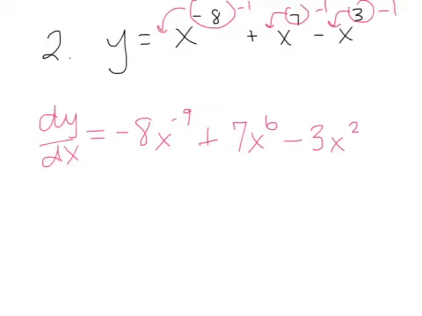And there again, it didn't say they want the slope at a certain point. They just wanted the general equation for the slope or the derivative. So there again, this is our final answer.